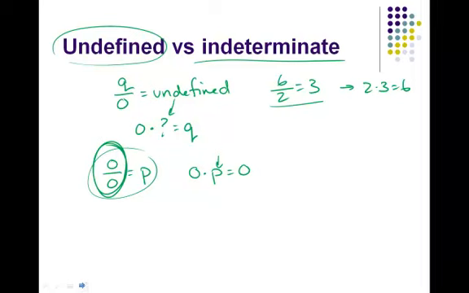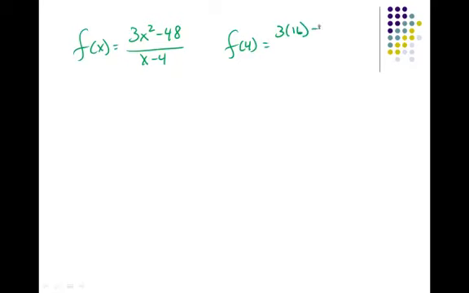So we're looking at section 2.3. I hope you have your text open. They start with a function f of x equals 3x squared minus 48 over x minus 4. You can see that if we try to evaluate this function at f of 4, we end up with 0 over 0, or the indeterminate form.